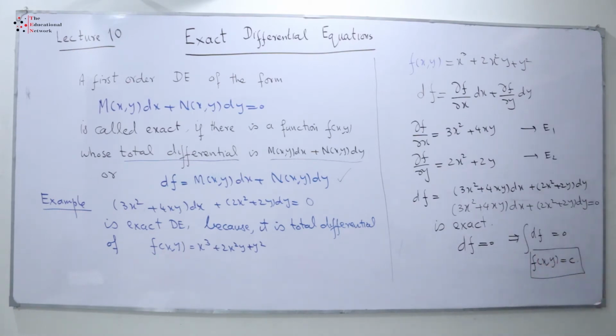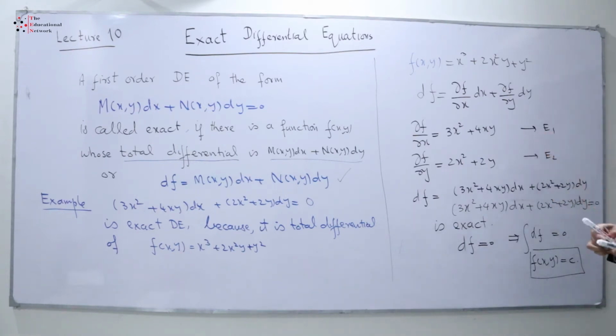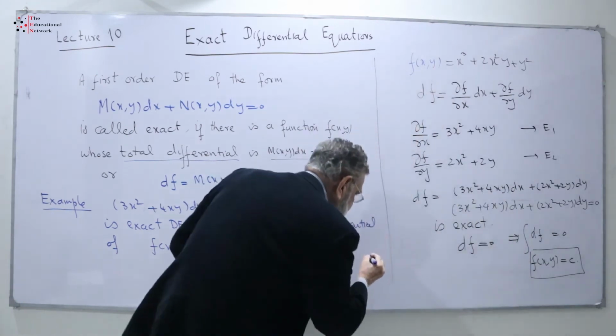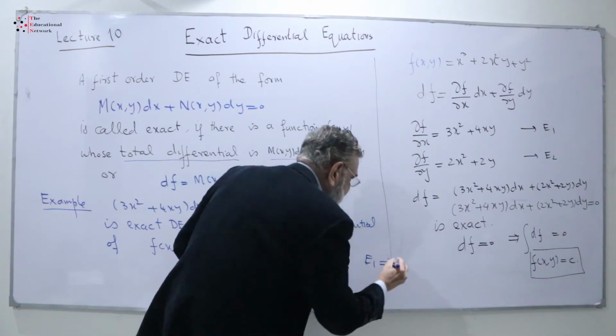Then the steps are how we find the solution. Moreover, if a differential equation is given to me, how can I say it is an exact differential equation? For this E1, we take the derivative once again, with respect to y.